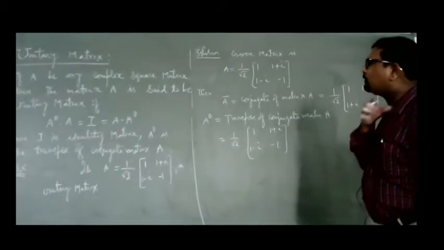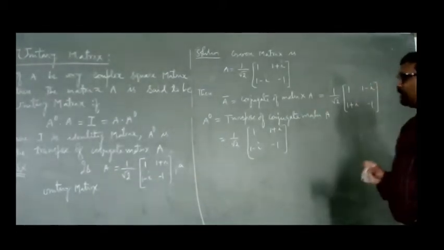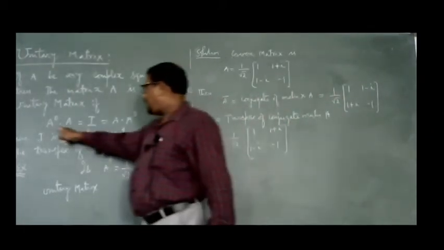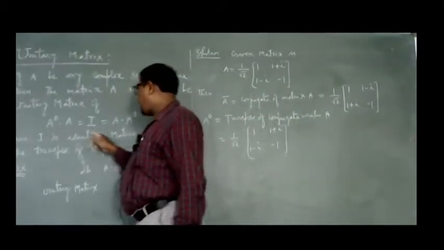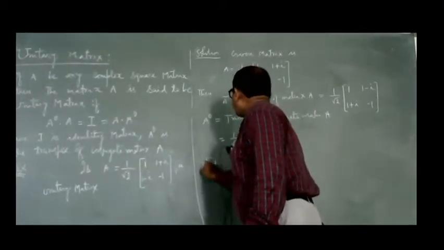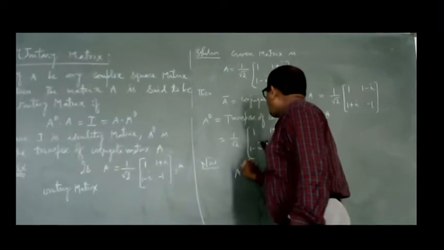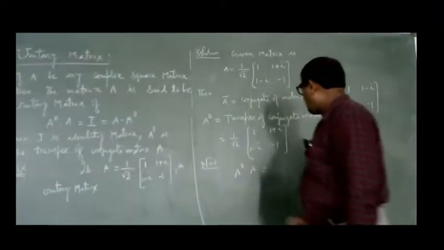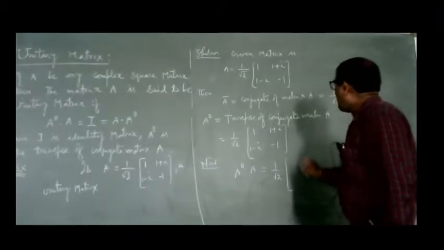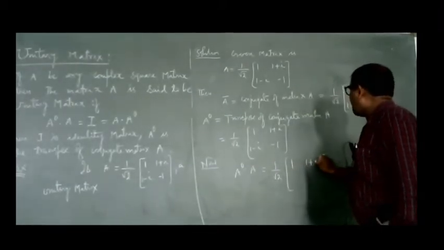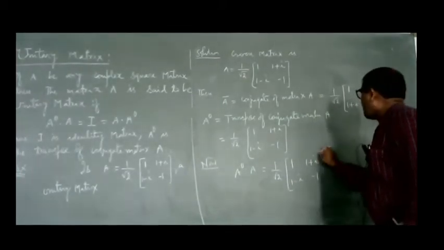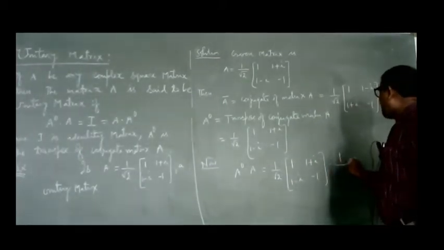To prove this matrix A is unitary matrix, it is to prove A to the power theta into A is equal to I. That is fine. Now A to the power theta into A. A to the power theta is 1 by root 2 times 1, 1 plus i, 1 minus i, minus 1. Again A matrix is 1 by root 2 times the same.